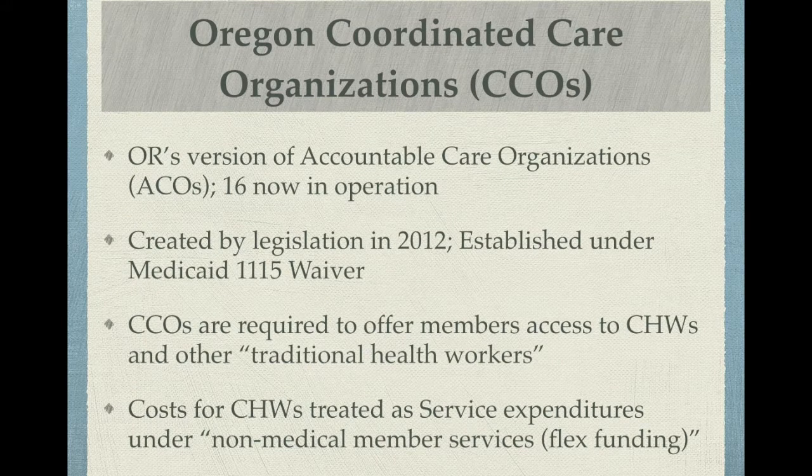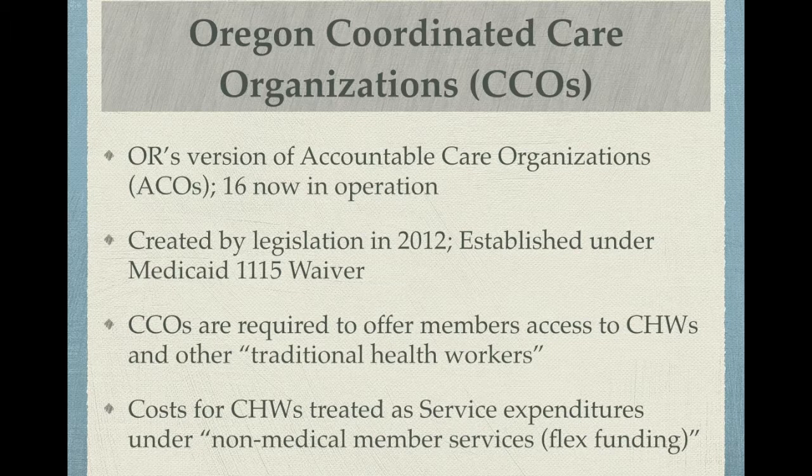As one example of a state integrating community health workers into its healthcare reform structure, Oregon has created their own version of accountable care organizations called Coordinated Care Organizations, or CCOs. 16 CCOs were created initially under 2012 legislation and a Medicaid waiver.